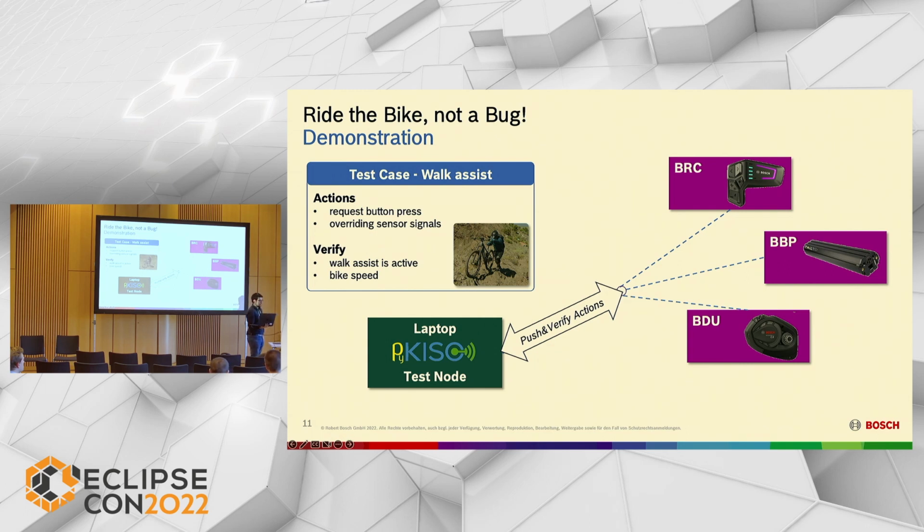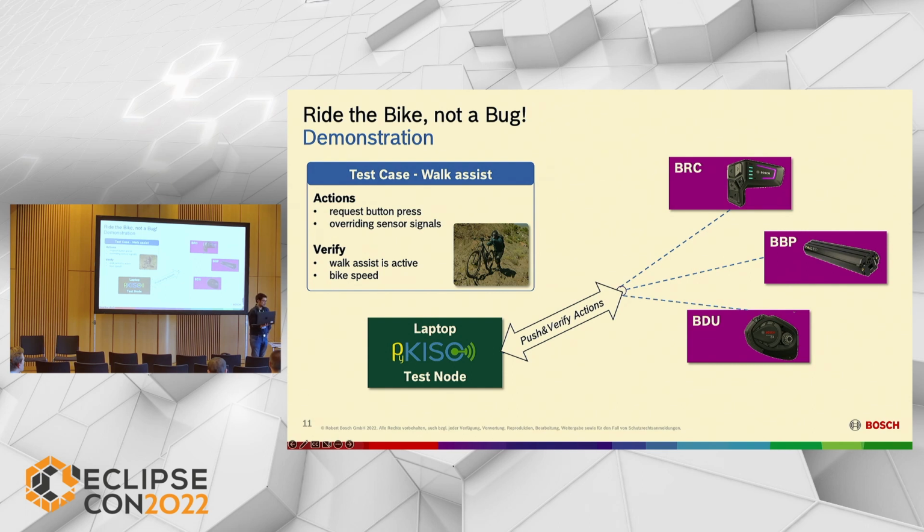I just need to push it a little bit, and then it will start pushing by itself. I don't know if you see. And now the point is demonstrating exactly this feature, but with a test framework. Exactly. The idea is to show that also with Kiso, in an e-bike context, we are verifying safety critical functions within the e-bike.